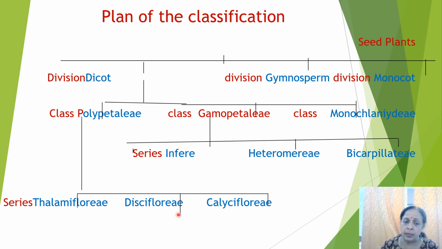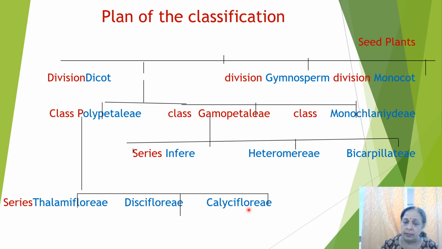And Disciflorae means when the flower shows a cushion-like disc below the ovary, or you can say the cushion-like disc is present between the ovary and thalamus.